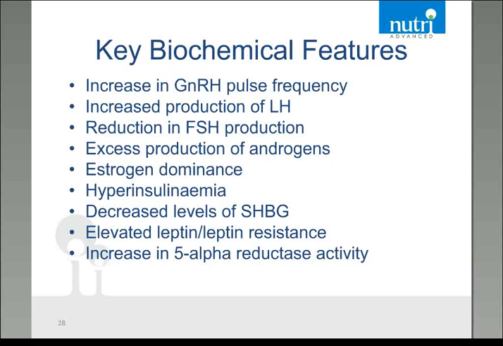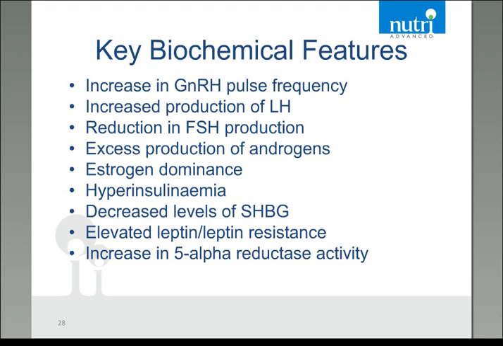So, key features: increase in gonadotrophin-releasing hormone pulse frequency, increased production of luteinizing hormone, reduction in follicle-stimulating hormone production, excess production of androgens, so therefore you're thinking that their free testosterone level is likely to be high, estrogen dominance, hyperinsulinemia, decreased levels of sex hormone binding globulin, therefore they've not got anything to bind, so they've got lots of free hormones.